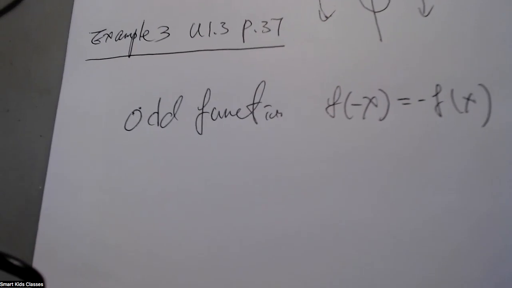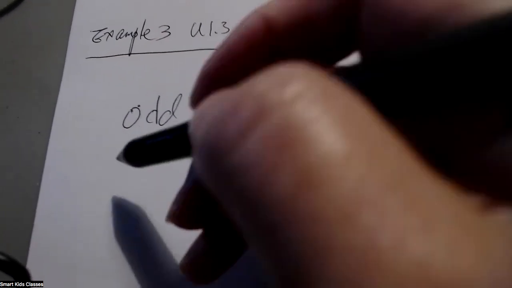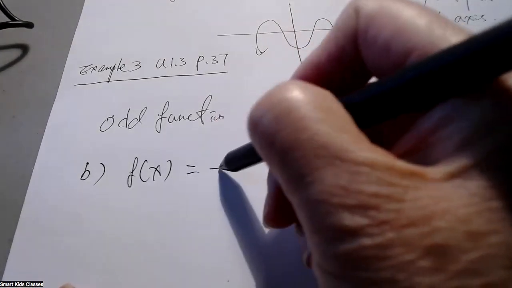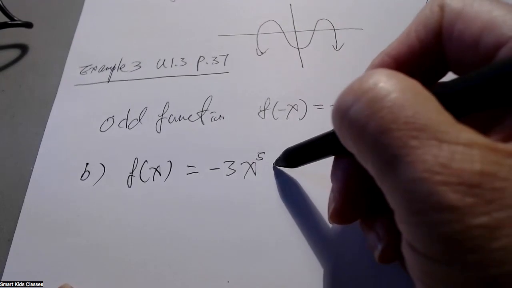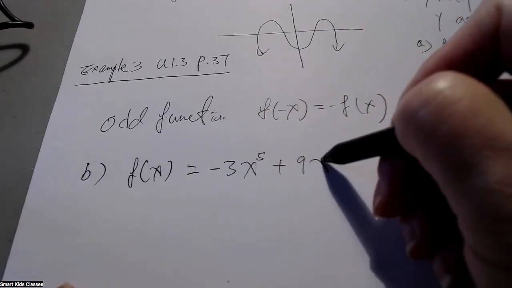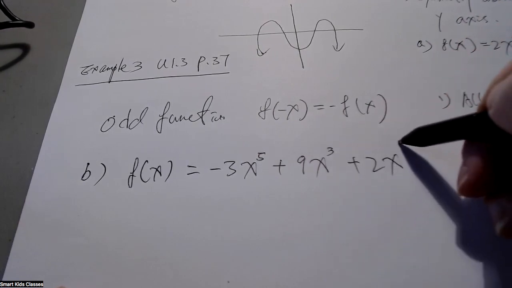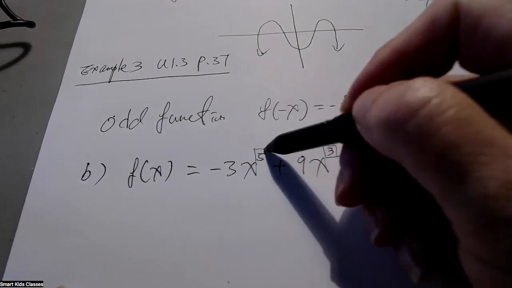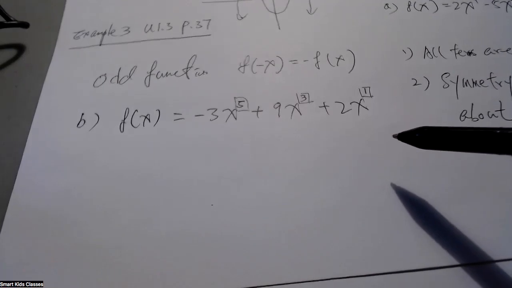So I'm going to give you example 3, part B. Now you have f(x) = -3x^5 + 9x^3 + 2x^1. You see all these exponents are odd degree, so you don't even need to substitute into the formula to see that it's odd.